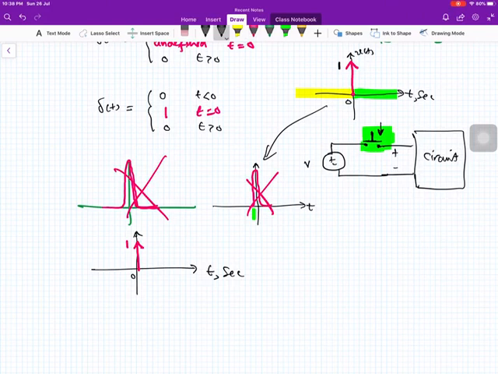Another thing which is associated with this impulse function is the strength of the impulse. Means strength of impulse function.